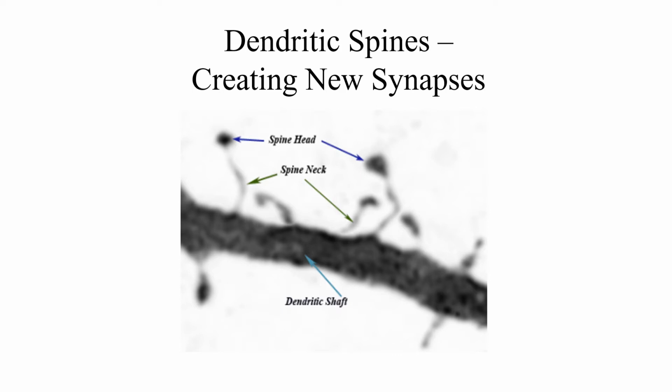Over time, these two will grow closer together in order to make a synapse between them. So when you study the night before, no wonder you can't remember anything, right? Because you're not giving time for these synapses to grow and make new connections. Studying repeatedly and all along gives you time to make those connections. So this is going to be part of our conversation, what happens at a synapse between an axon terminal and neighboring dendrites.